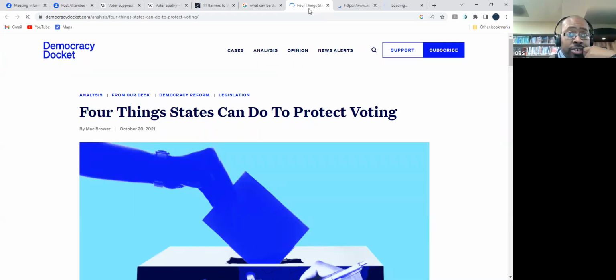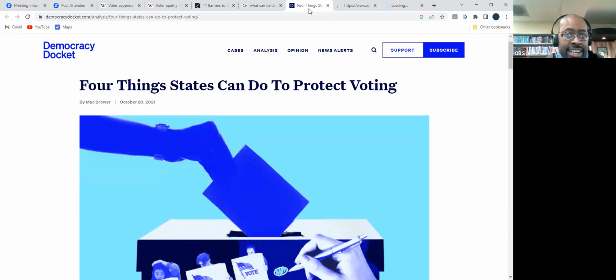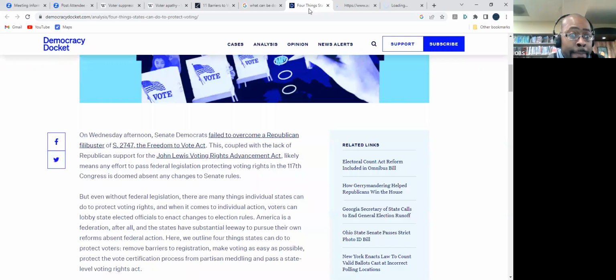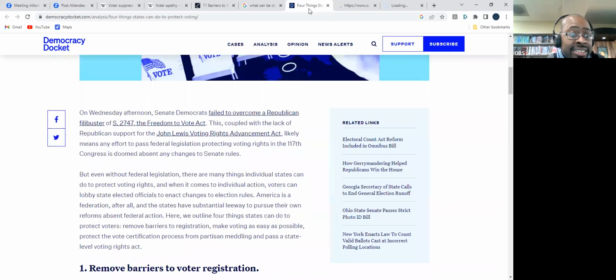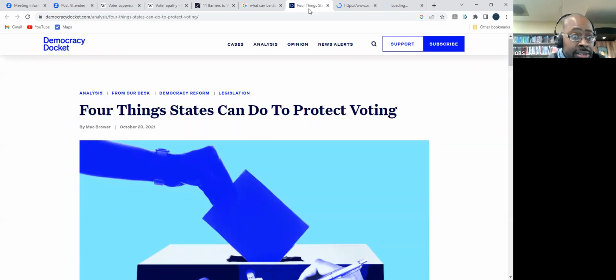So these are 4 things that states can do to protect voting. And this was dated October of last year.